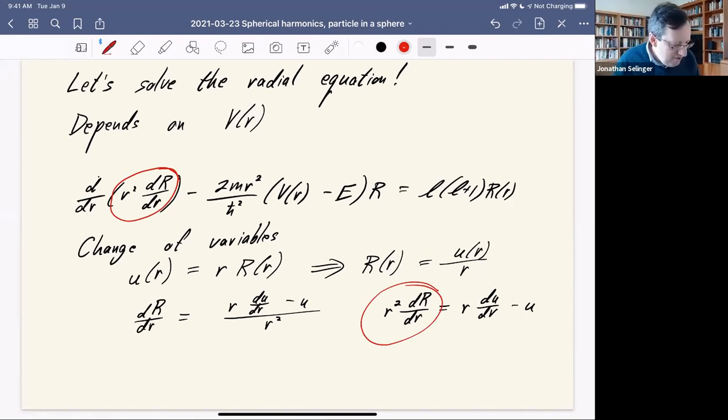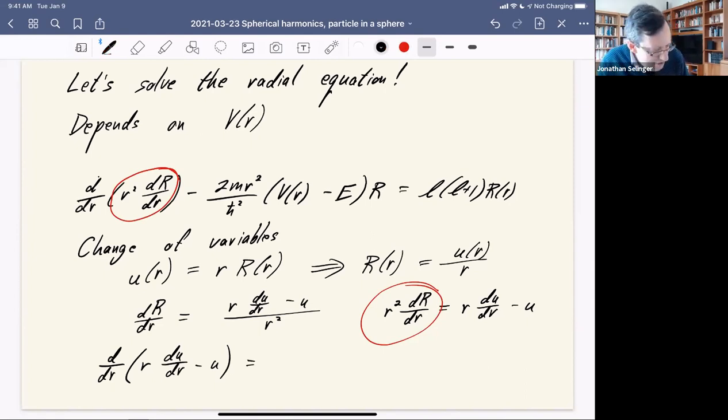Wouldn't that make kind of a nice simplification? Then in this first term, the first term becomes d by d little r of r du d little r minus u.